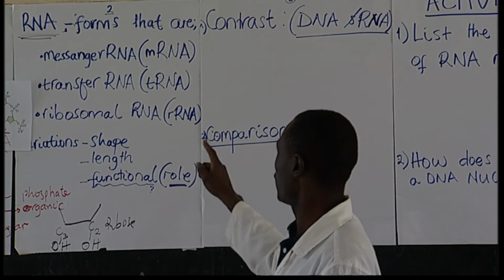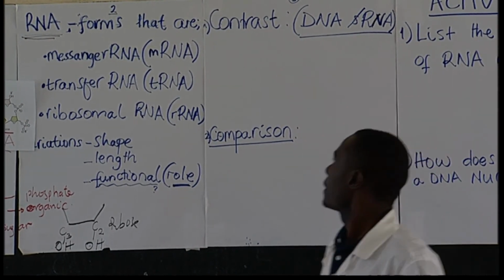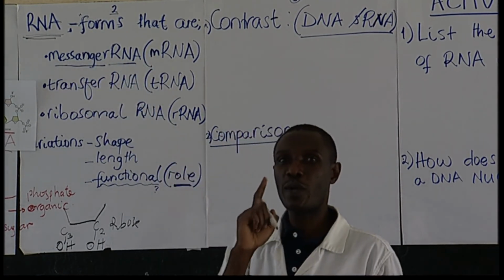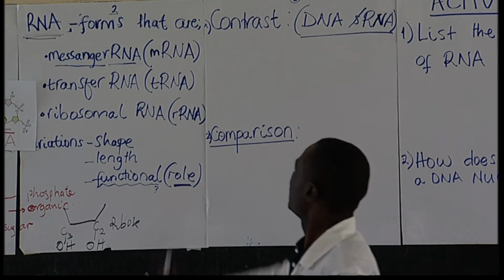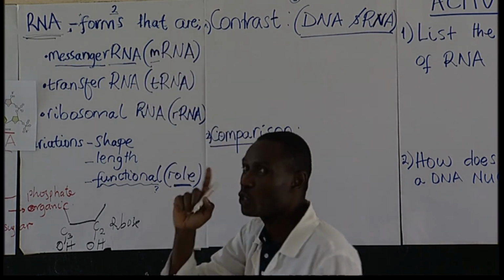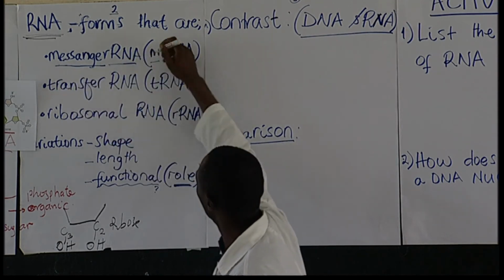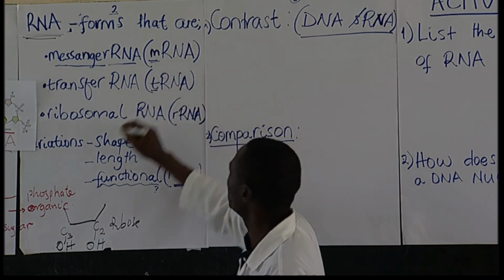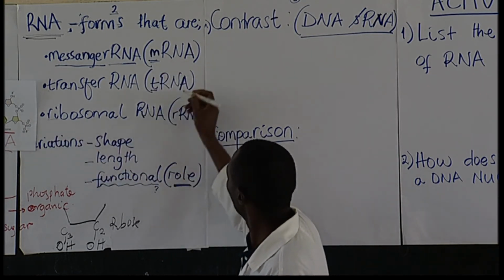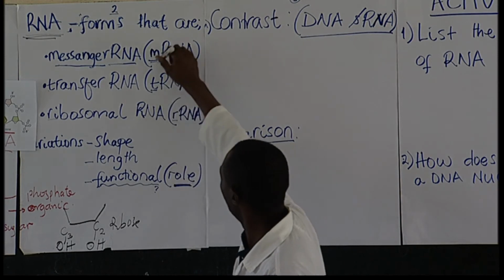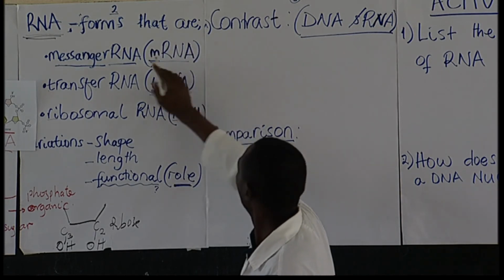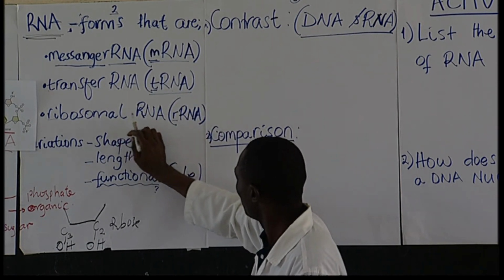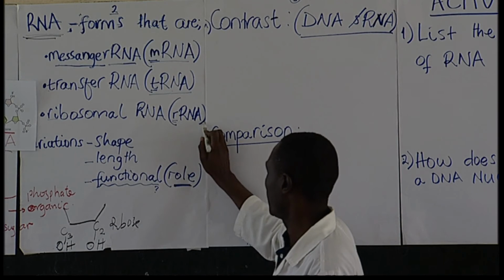So if you look at this very well, with messenger RNA, there's one thing I want you to pay much attention to: the abbreviation is written so that messenger is represented by a small m, transfer by a small t, and ribosomal by a small r. So these are the abbreviations: mRNA, tRNA, then ribosomal RNA as rRNA.